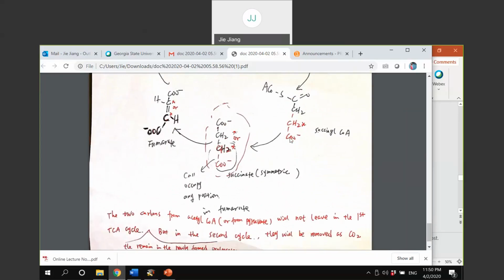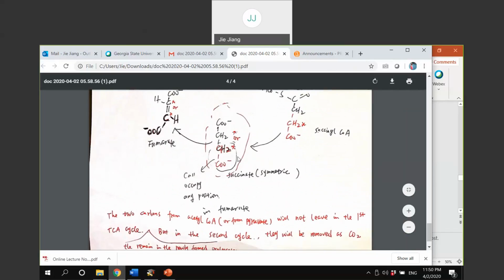Now, further, succinyl-CoA becomes succinate. Pay attention to the structure of succinate: we have carboxylic, CH2, CH2, carboxylic. So it has a symmetric structure, right?